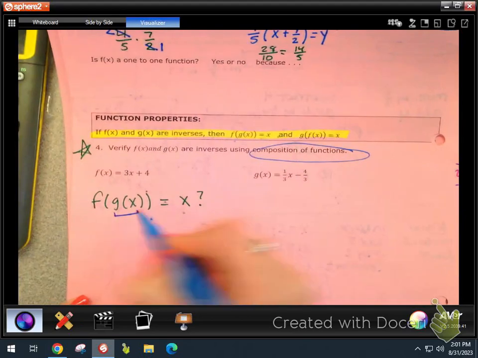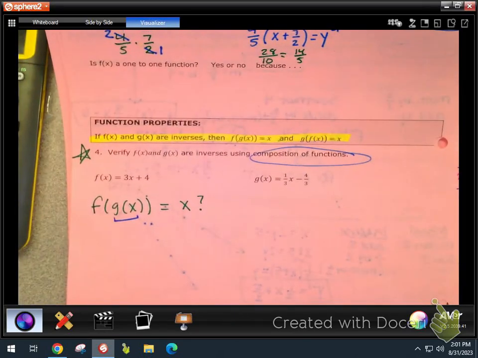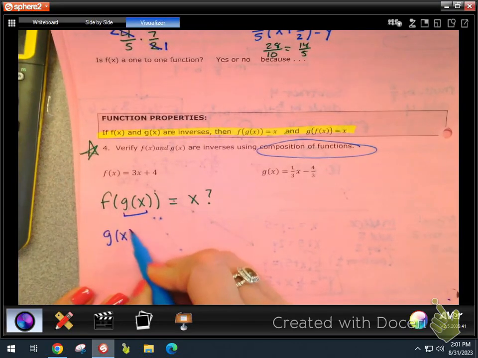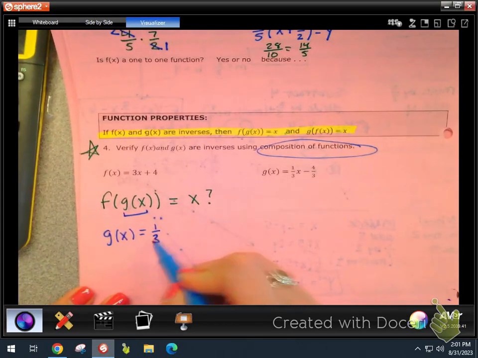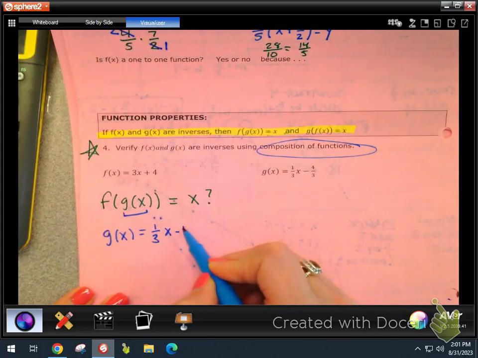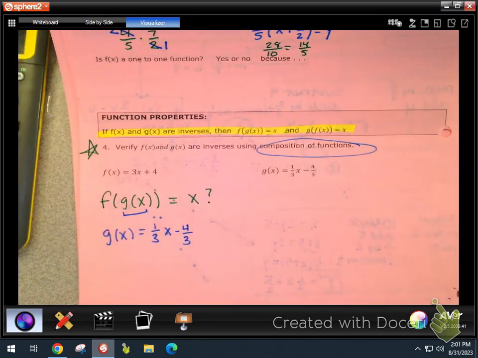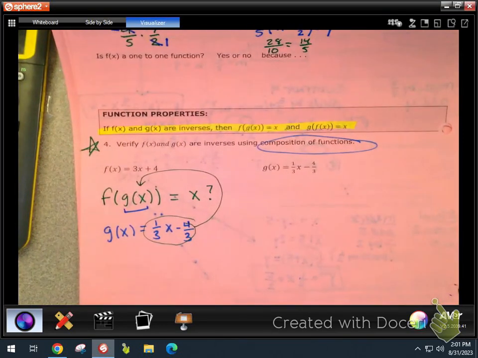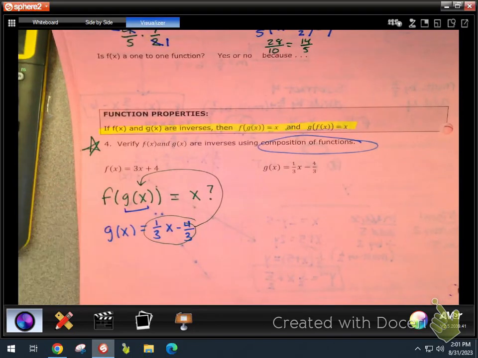Okay? With compositions, where do we always start? Inside. So in this case, we're taking g of x, 1/3 x minus 4/3. This is my new input. And I have to put this function as the input into the outside function.